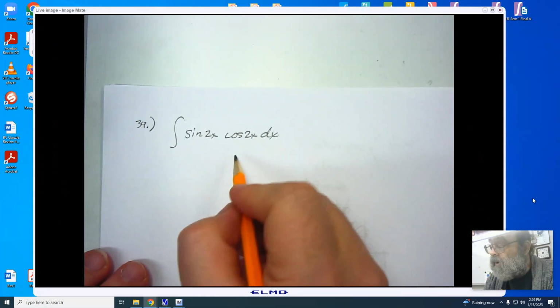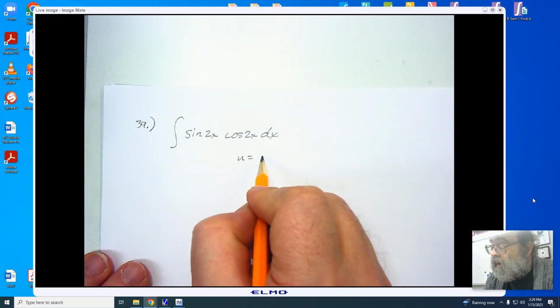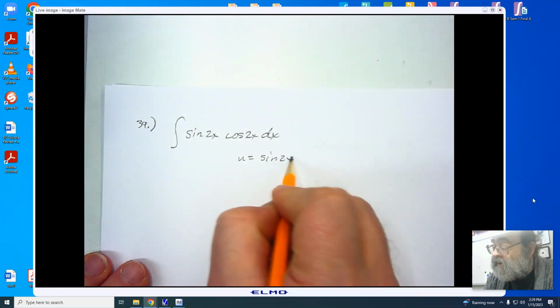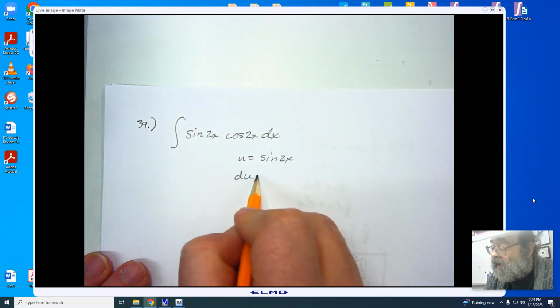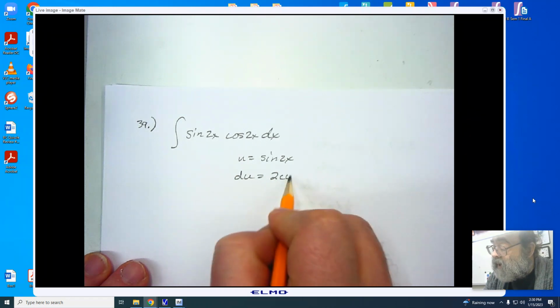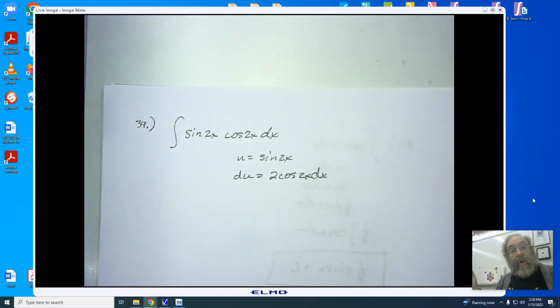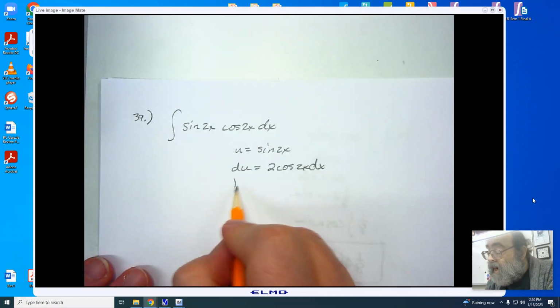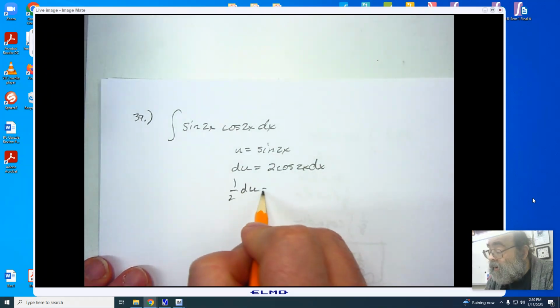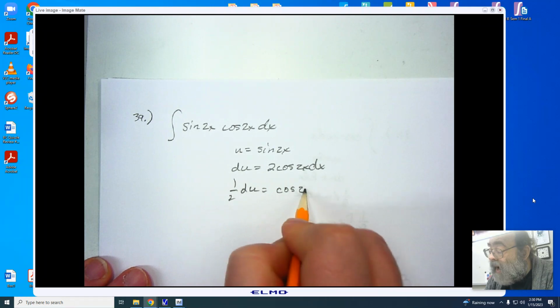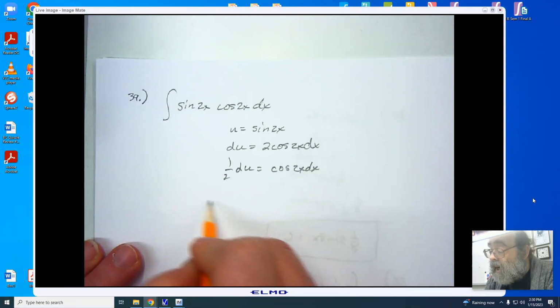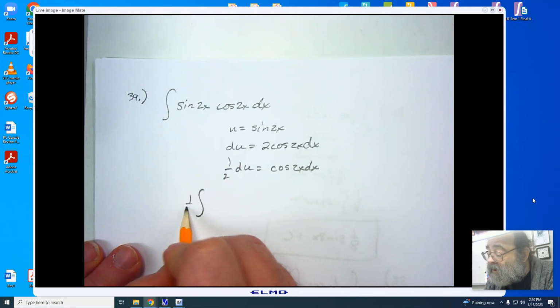All right. So if I let u equal the sine of 2x, then du is 2 cosine 2x dx. There's no 2, so 1/2 du equals the cosine of 2x dx. And I can now begin my substitution.